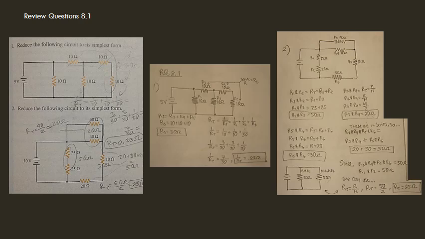Step 2, or question number 2, is to reduce the following circuit into its simplest form. Again, we are encountered with a circuit that is not a series circuit nor a parallel circuit, but a combination of the two. But we look for features that we recognize as parallel or series. We recognize at the top of the circuit, if you look at the drawing made by hand, resistor 3 and resistor 4 up top, 40 ohms and 40 ohms.